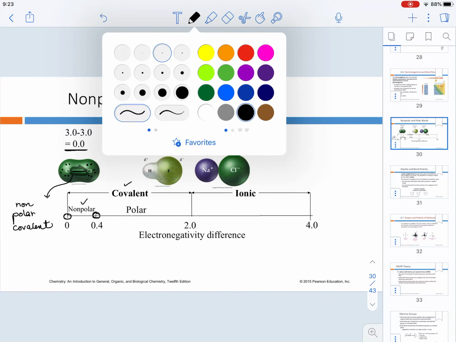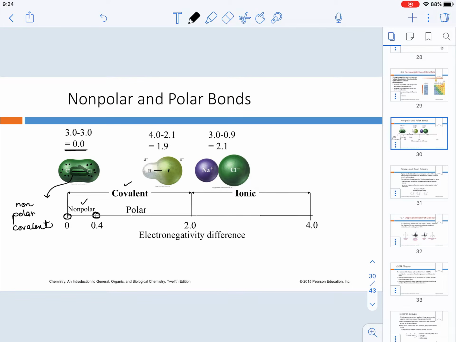So what we're trying to define is that in HF, this is the Lewis dot. And we're trying to define what type of bond is this one that I also highlighted in gray. Okay? So all we have to do is look at the values for electronegativity. 4.0 is the one for fluorine. 2.1 is the one for hydrogen. So when we subtract those two numbers, the difference in electronegativity has to be a positive value, never negative.